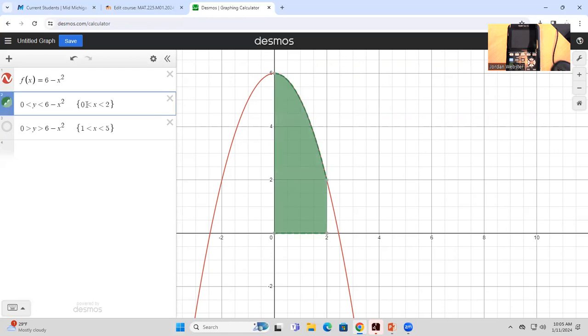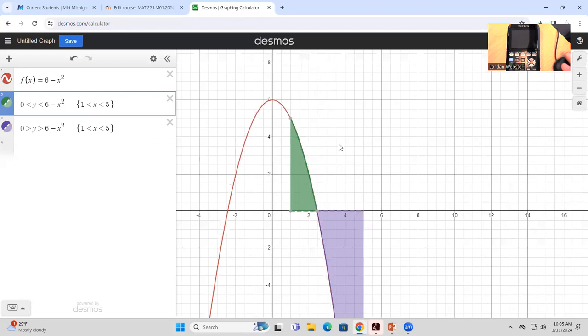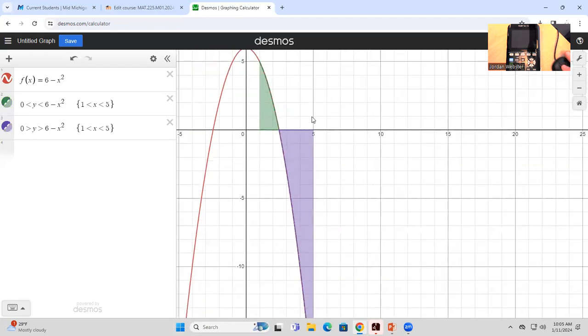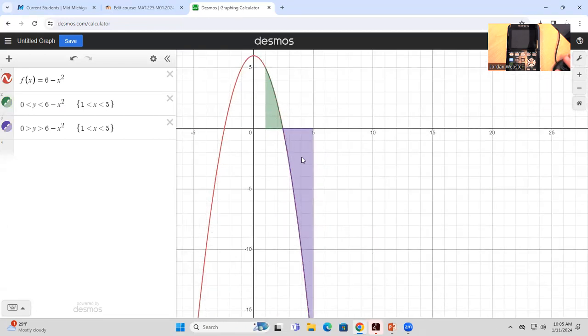It is something to be said that if you would have gone from 1 to 5 on the integration of 6 minus x squared, you should have expected a negative number, because part of that signed area is positive, but a bigger part of the signed area is negative.